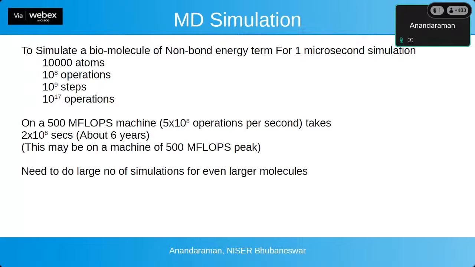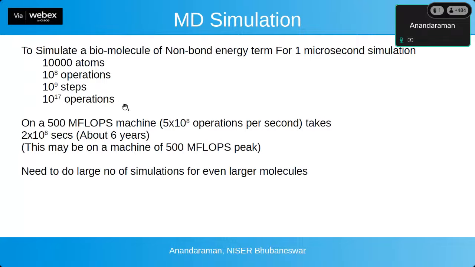Similarly, another example similar to weather prediction is MD simulation, molecular dynamic simulation. To simulate a biomolecule with the non-bond energy term for a 1 microsecond simulation, as the atom size increases, the number of operations is more.